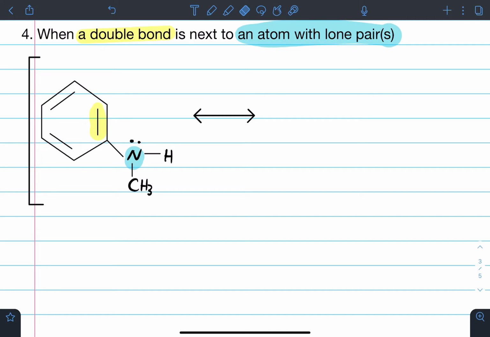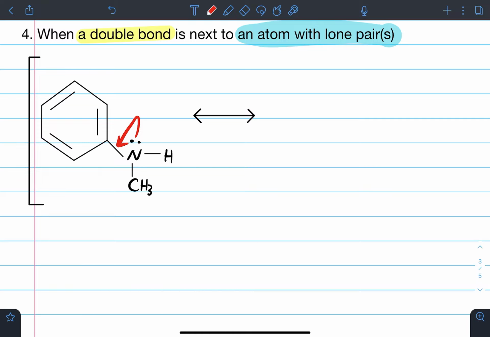Okay, perfect. So how the resonance happens is that the movement of this lone pair of nitrogen initiates the process of resonance, okay? The lone pair would move its 2 electrons to form a new bond at this adjacent spot toward the double bond.